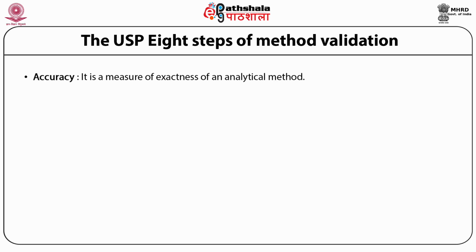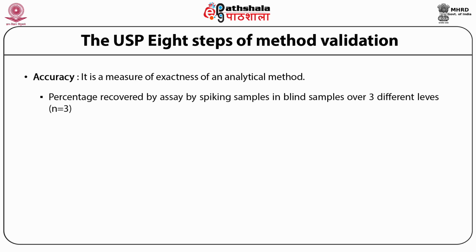First is accuracy. Accuracy is a measure of exactness of an analytical method. It is explained by percentage recovered by assay by spiking the samples in blind matrix over 3 different levels.